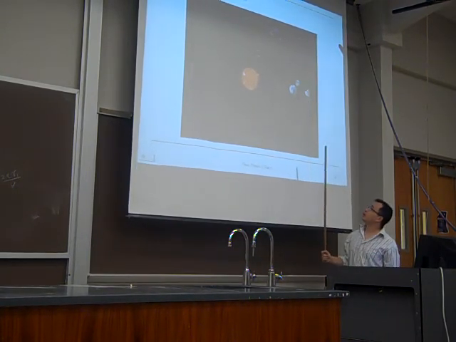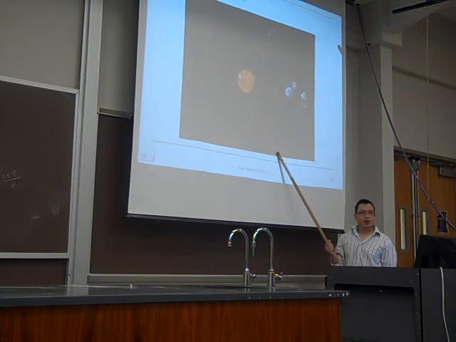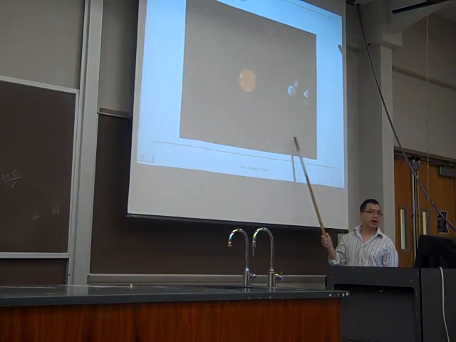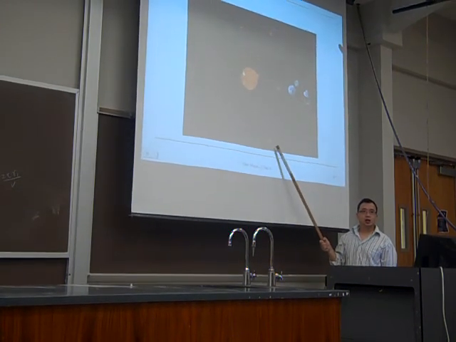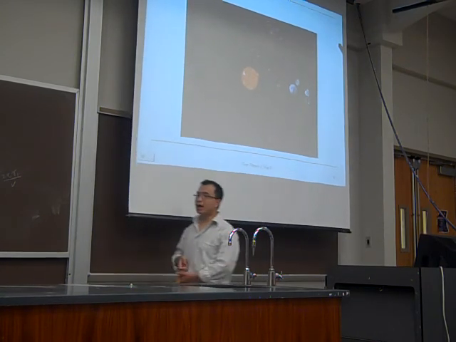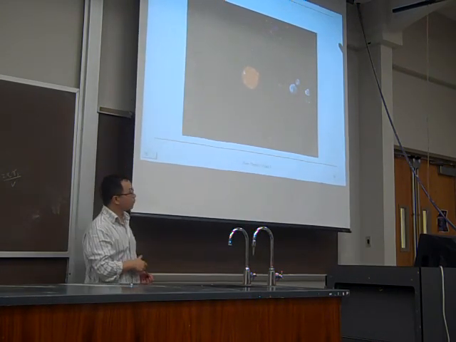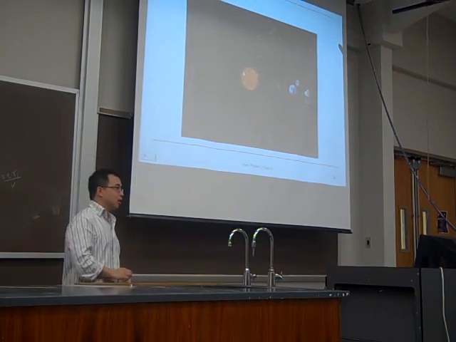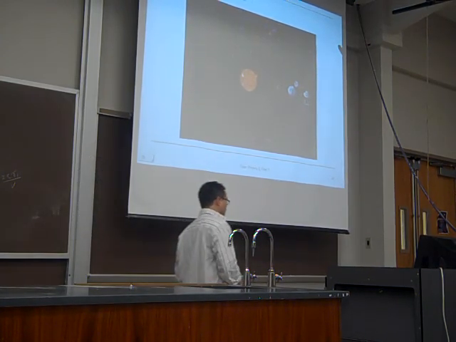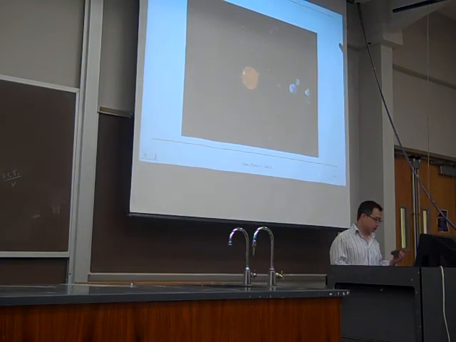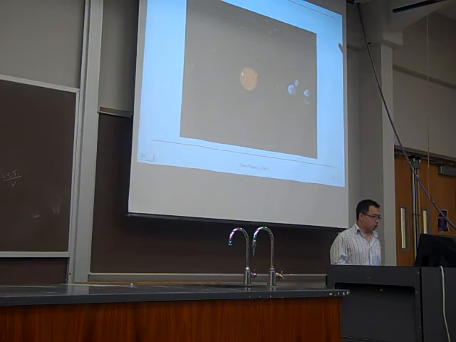And L4 and L5 are special because they are stable points. So they will usually attract some objects, like in the Sun-Jupiter system, the L4 and L5 points attract some small objects. So they have a lot of asteroids at these points. So that's the Lagrange points.